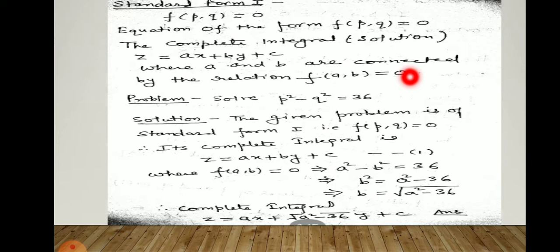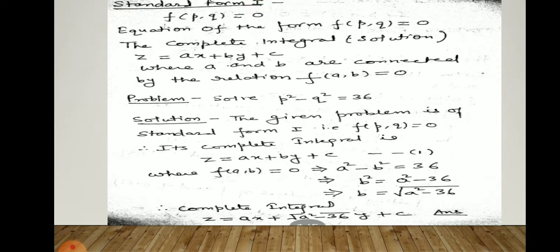So it is clear that here del z by del x equal to a and del z by del y equal to b, or in another word we can say that p is equal to a and q is equal to b. So whenever we put the value of a and b, then we get f of p, q equal to 0.